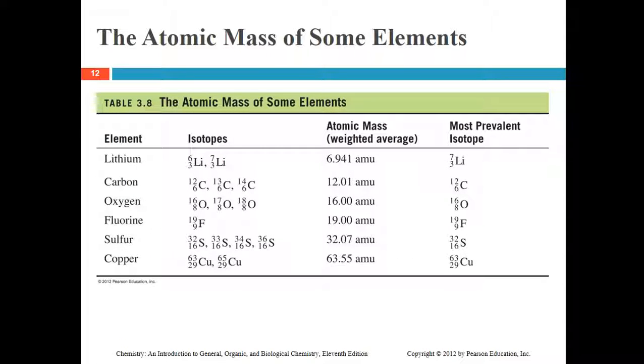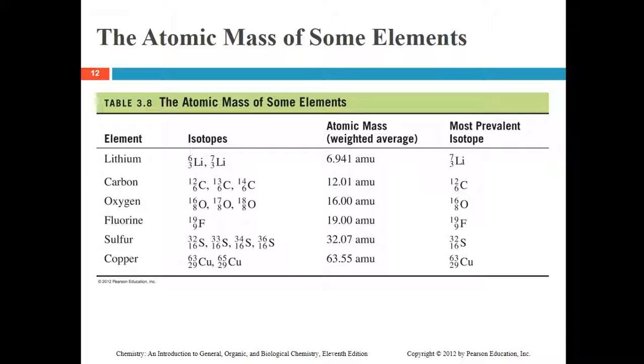So let's look at our very last slide here to show you that, for example, some different isotopes of lithium. Here's lithium with 3 protons, and in this case we have 3 neutrons for lithium-6, and for lithium-7 we have 4 neutrons. Well, if you average the 2 different isotopes of lithium together, the average of all of those that appear on the Earth is 6.941.